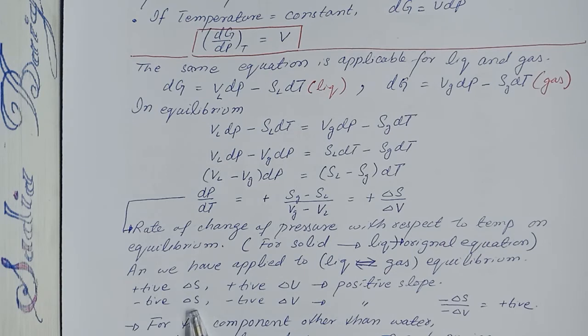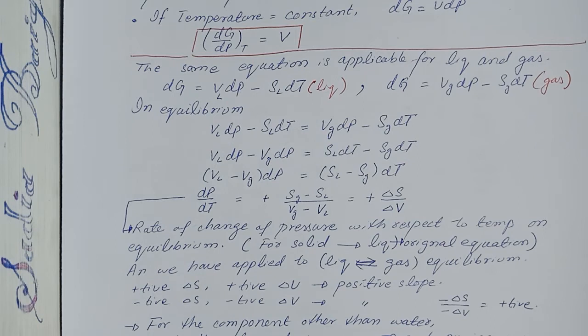So let's discuss various circumstances of the variation of the entropy and volume of the substance at liquid or solid phase that may lead to positive or negative slopes.